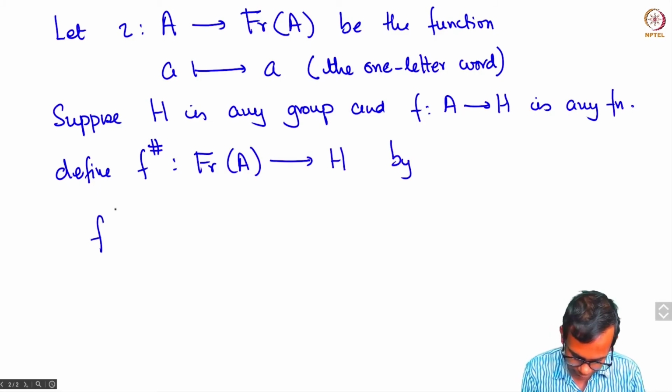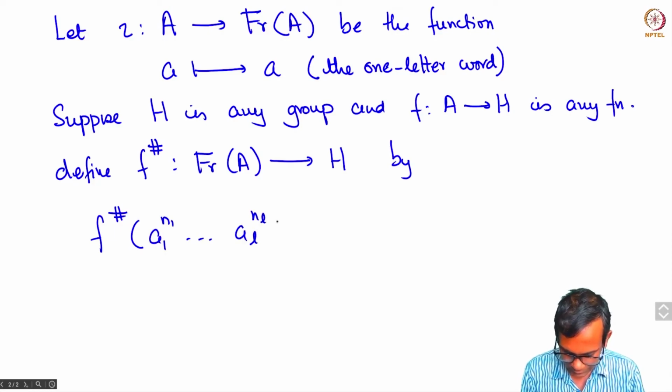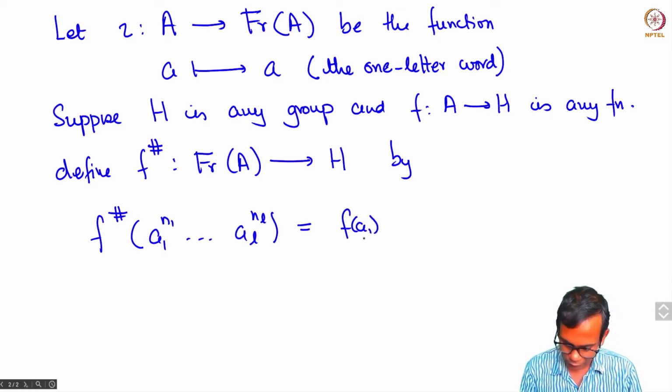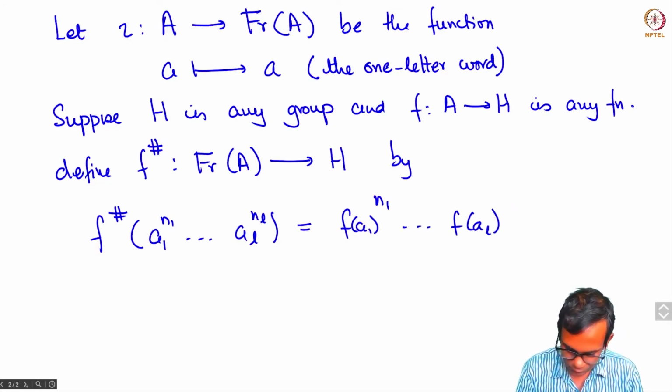So I need to define f hash on every reduced word. So a1 to the n1, ... al to the nl will be, so now f is just a function, so I have f of a1, that's an element of H, and I'll raise it to the power n1, ... f of al to the nl.